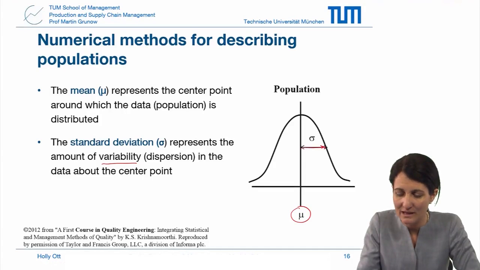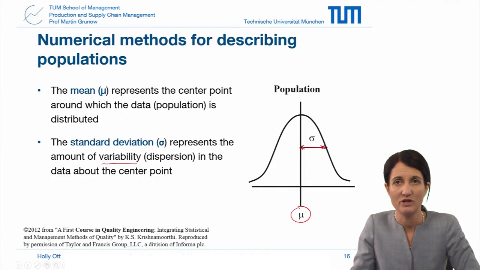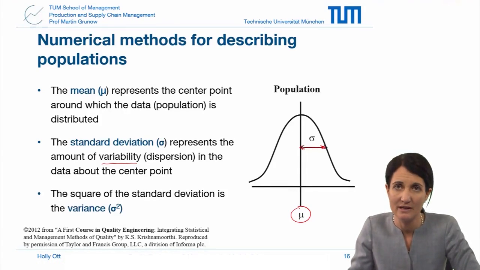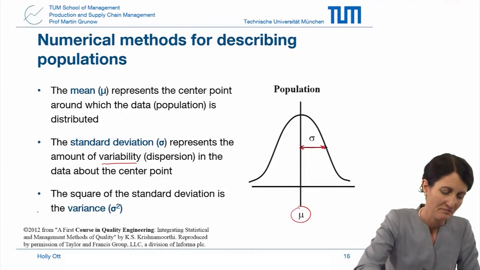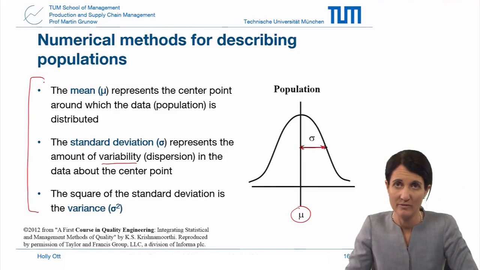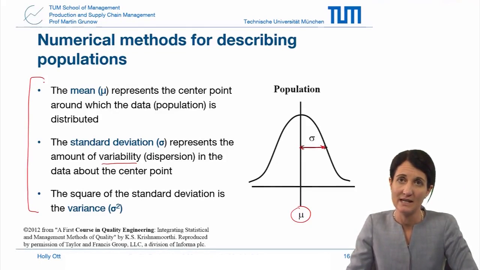You can see that here in this example picture. The square of the standard deviation is called the variance. So please memorize those three terms because we use them now for the rest of this course. And we'll look at them in more detail in the next section, how we calculate these.